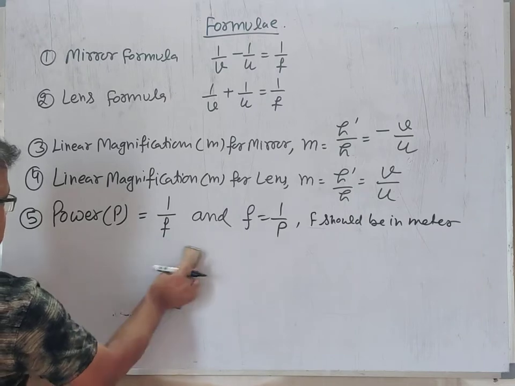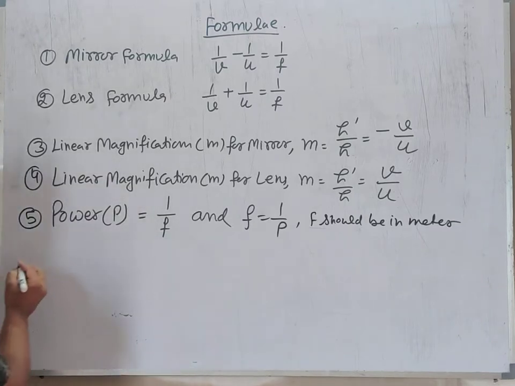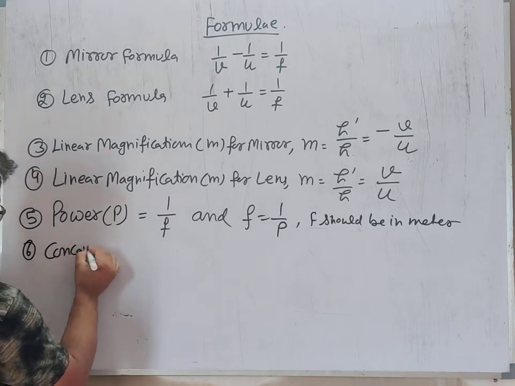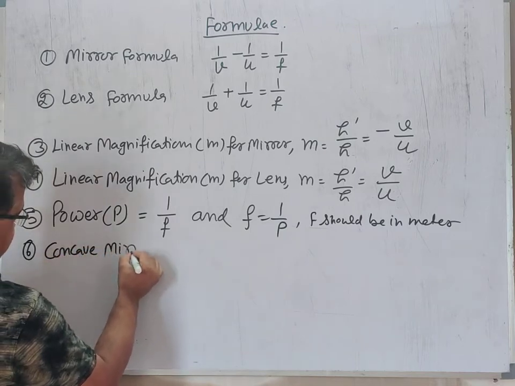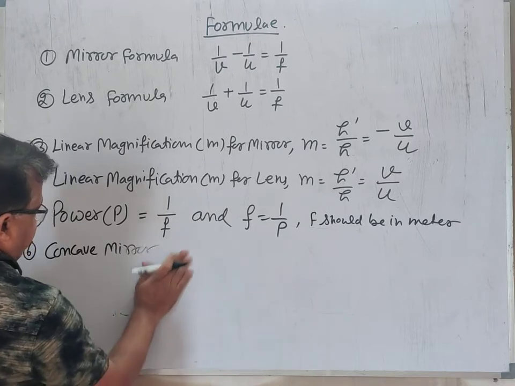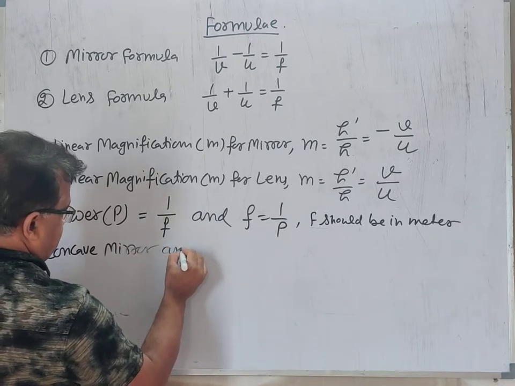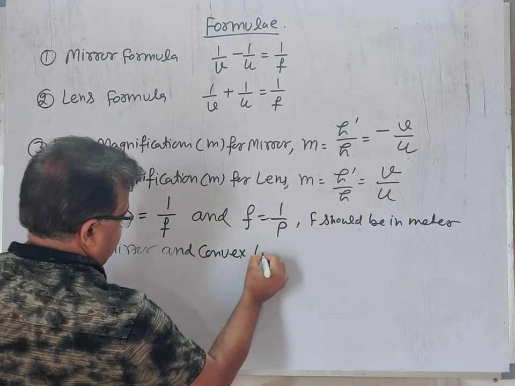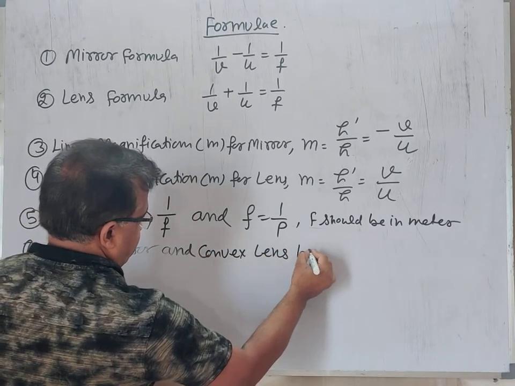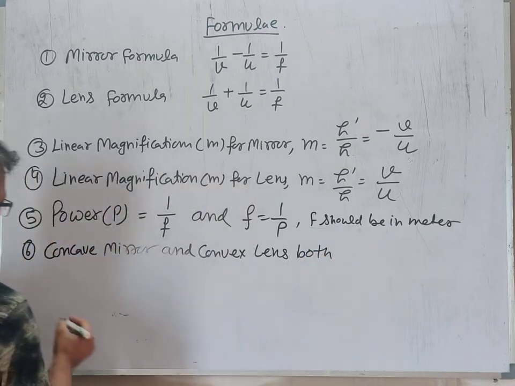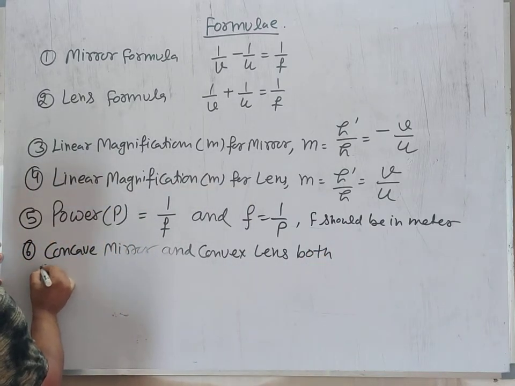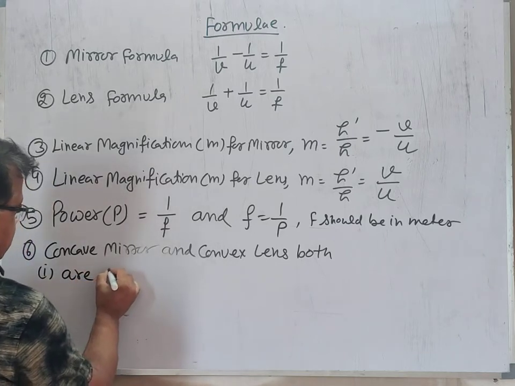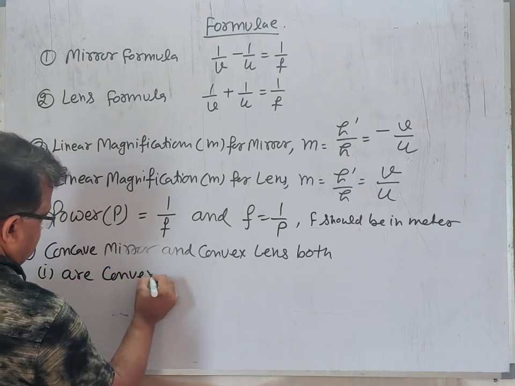They are concave mirror and convex lens. Concave mirror and convex lens, both, number 1, are converging.